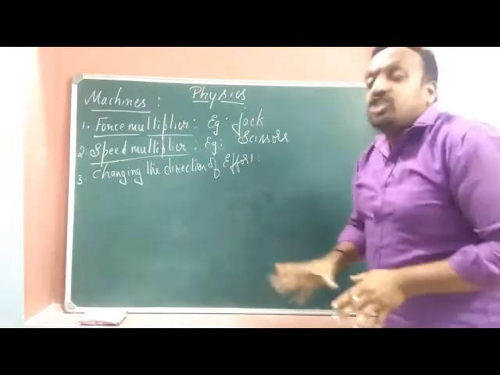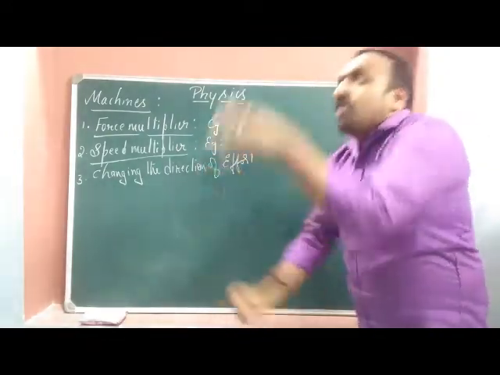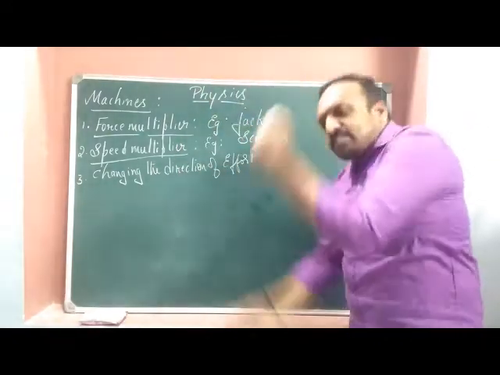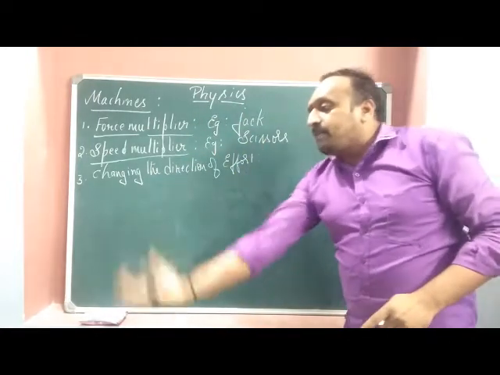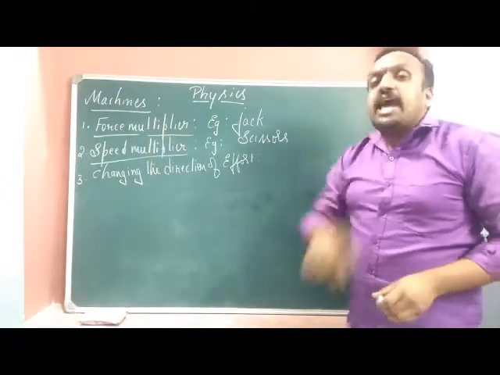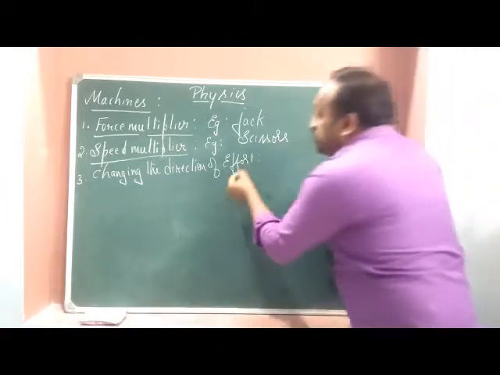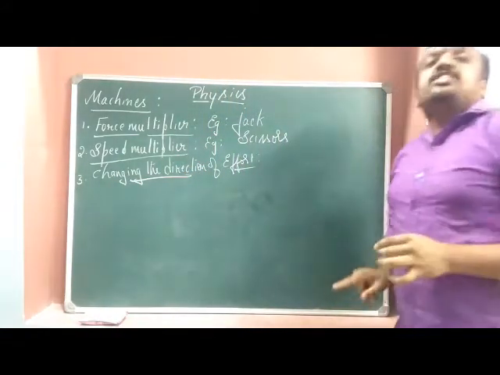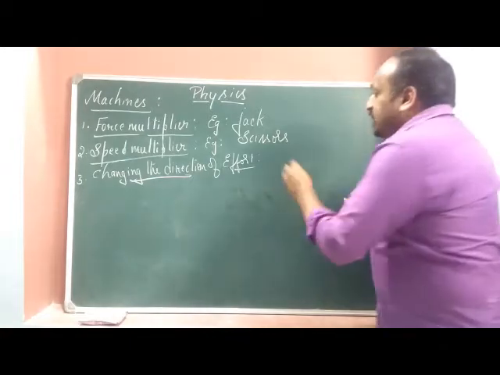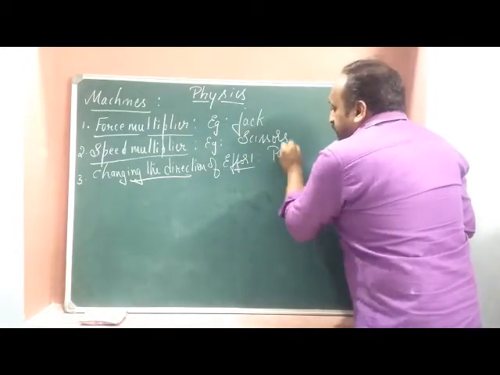Observe, the direction of the effort is downwards. We are pulling it down, but the bucket is coming up. So that is an example where we use a pulley to change the direction of the effort.